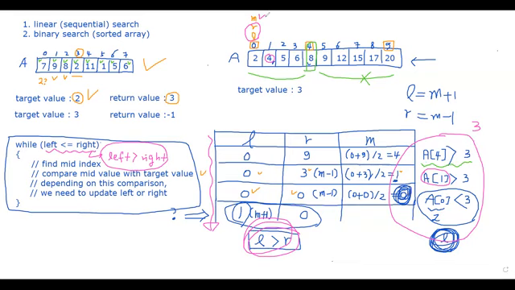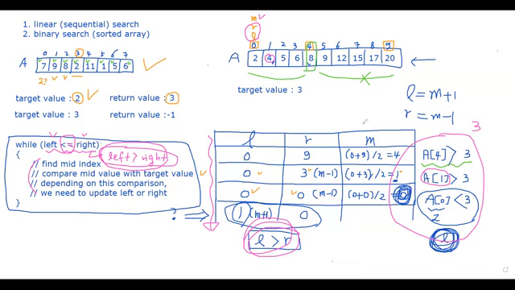Because look at this one, less than or equal to. It means that if left and right are the same, you should do this one more time. Only when left becomes larger than right will the loop stop.